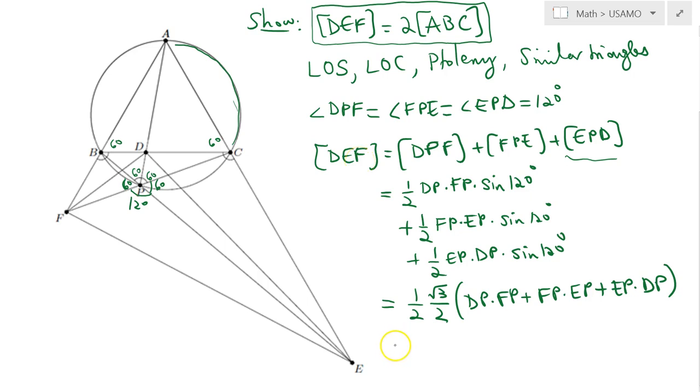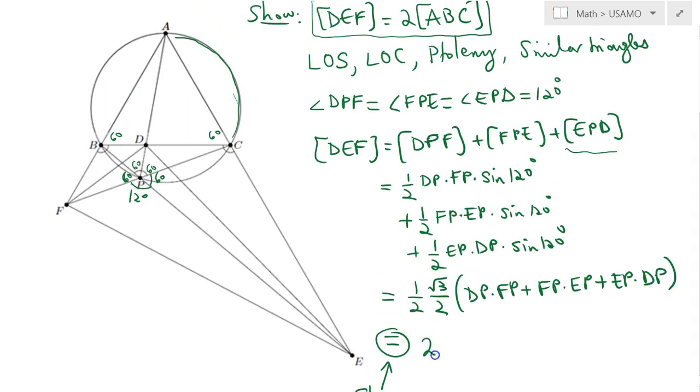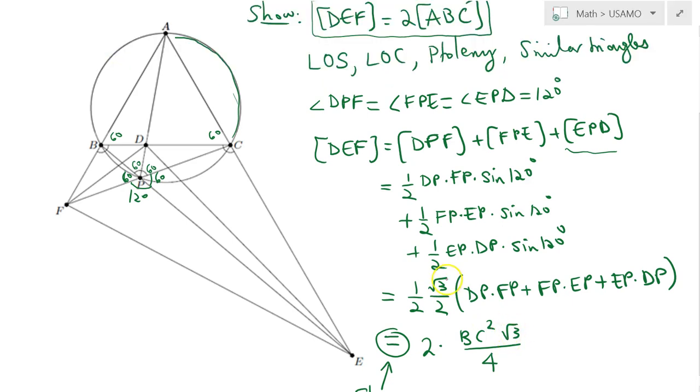Because ABC is an equilateral triangle, 2 times the area of triangle ABC would be just BC squared, recall for an equilateral triangle, times √3 over 4. Comparing these two results, the √3s will cancel out on both sides, and the 2s here and the 4 will cancel out.